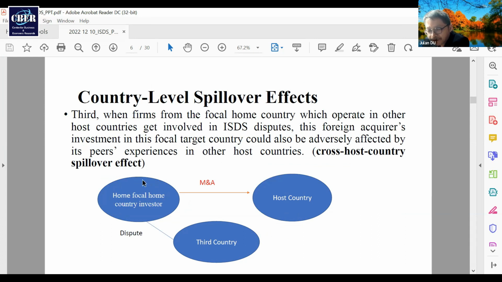So if focal home country investors have disputes with a third state government, home country investors could worry that these focal host states could behave similarly, for example, have similar trouble or political risk arising there, and they would be reluctant to invest in this focal host country. So we call it the cross-host country spillover effect.